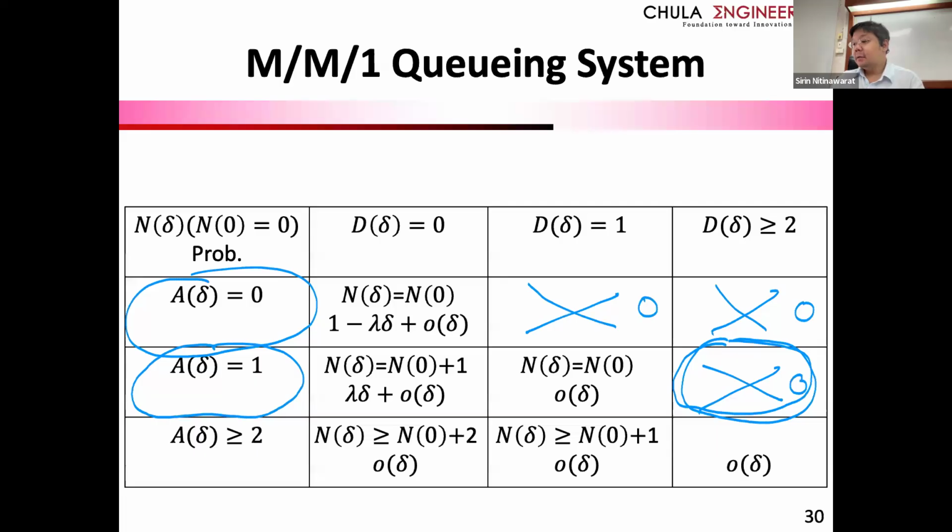And because of that, you will see the change in the probabilities of the joint event. Here, you start off with an empty system. This happens with probability 1 minus lambda delta plus little o of delta.